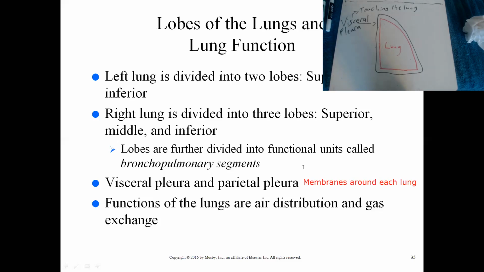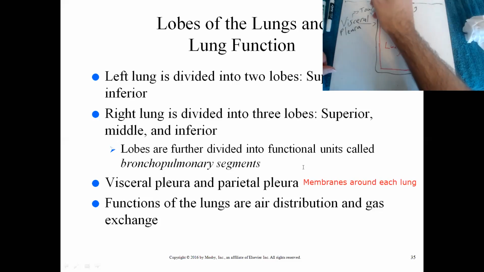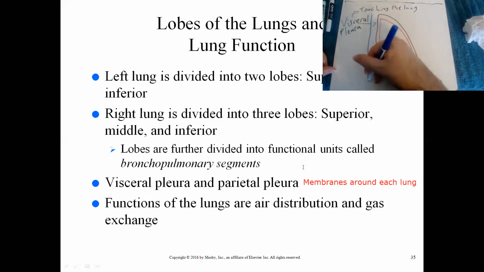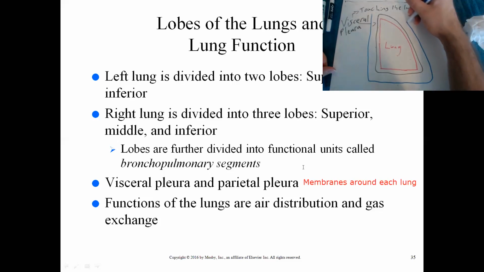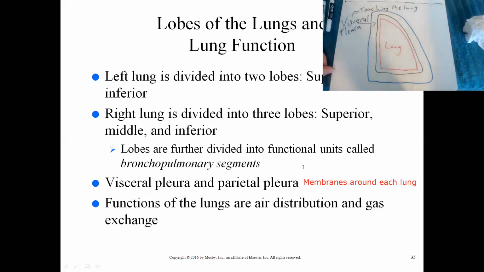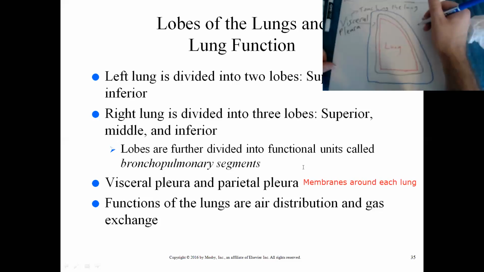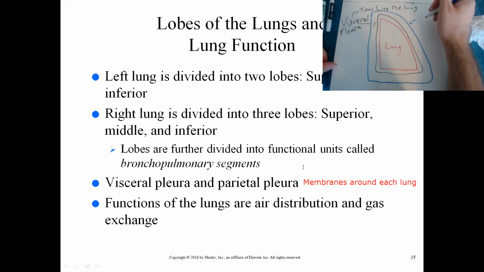Now, there's another pleura outside the visceral pleura, which I'll draw in blue. So outside the visceral pleura is another membrane around it, all the way around, not touching the lung. And that second layer is the parietal pleura that is not touching the lung.